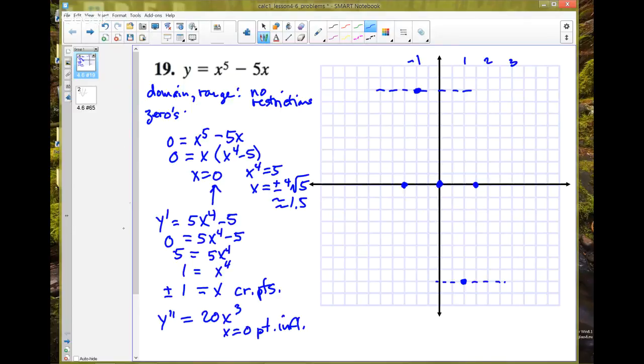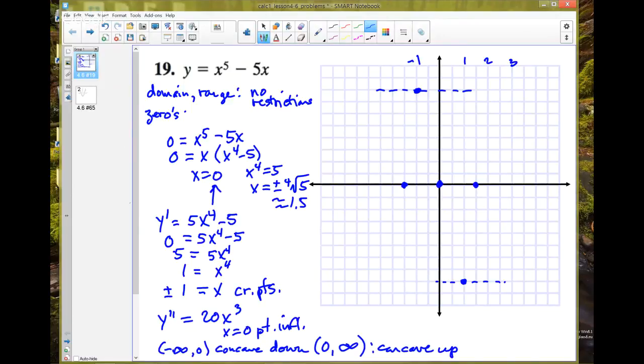So on the interval from negative infinity to 0, we know it's concave down because it's going to be negative. And when it's positive, from 0 to positive infinity, it's going to be concave up.